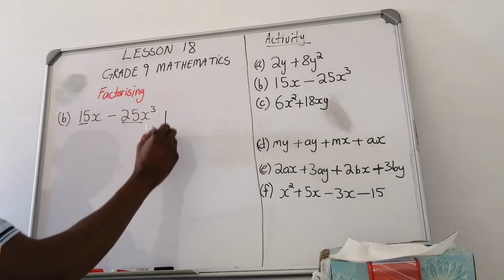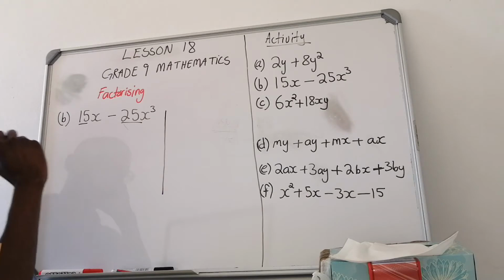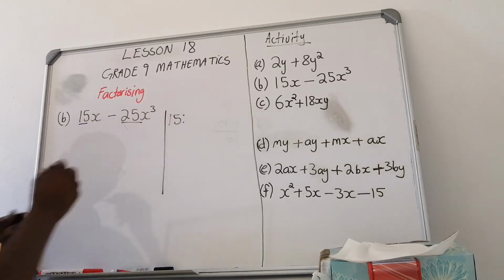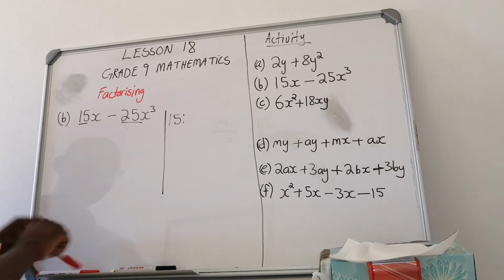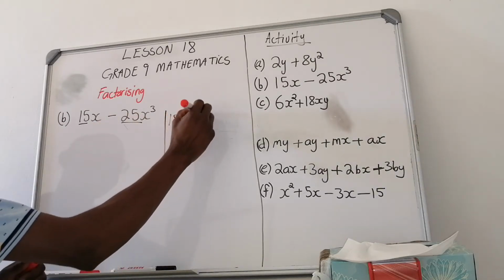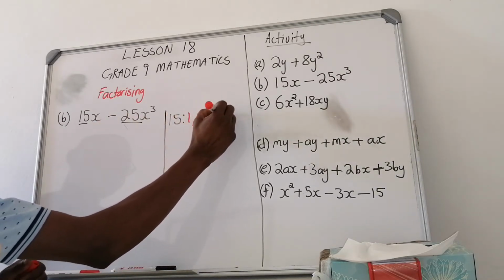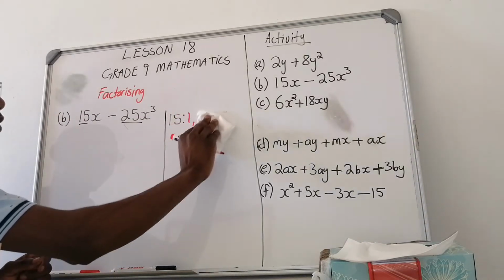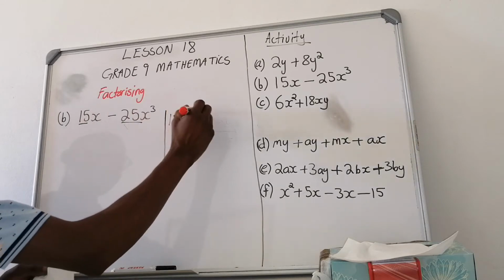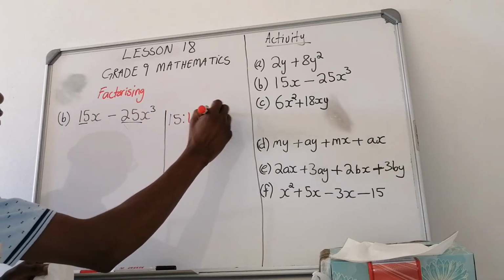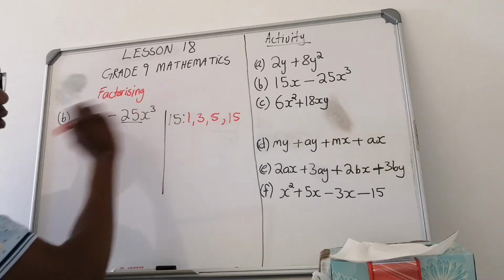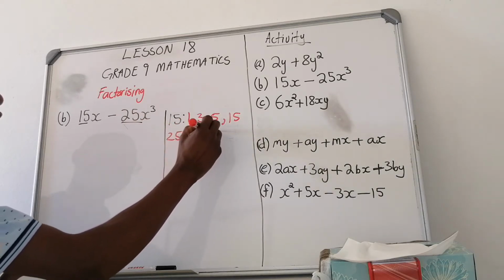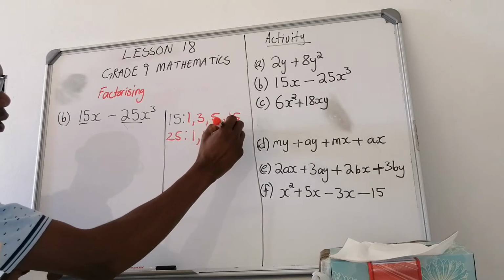The highest common factor of 15 and 25, we find by listing all the factors. 15 has the factors 1, 3, 5, and 15 itself. I forgot one factor there. Sorry for that. 25 has the following factors: 1, 5, and 25.